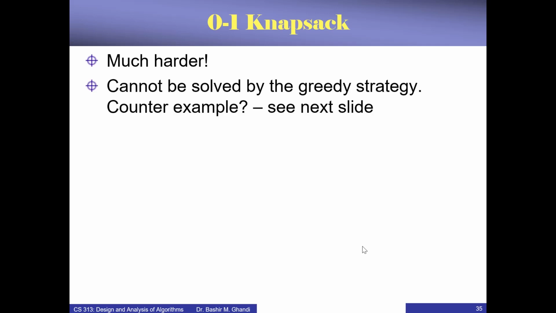I will show you graphically this problem applied to some items. But before that, let's look at the 0-1 knapsack. Now 0-1 knapsack, unfortunately, is much harder, and in fact you cannot apply the greedy strategy to it. We're going to show you this with a counter example.